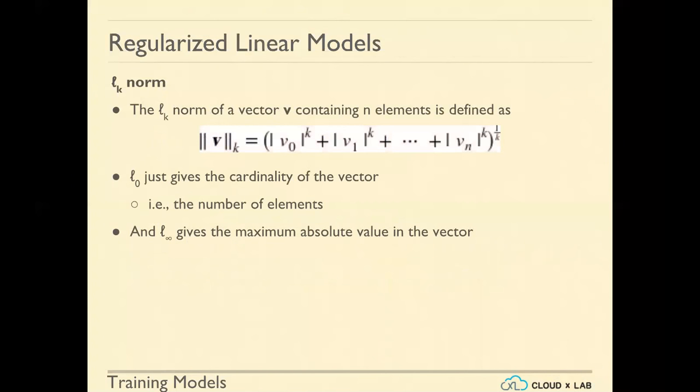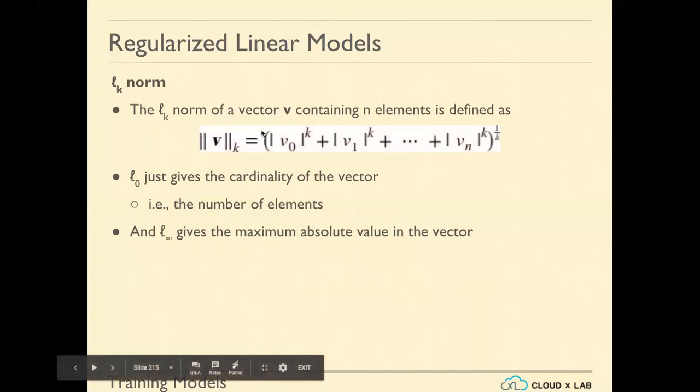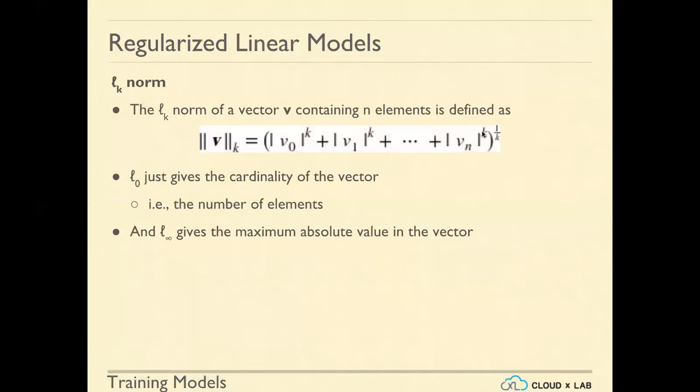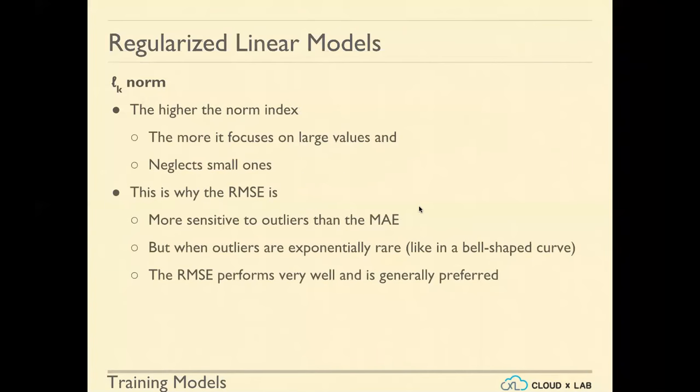When we say L3, L3 would be V naught absolute to the power 3 plus V1 absolute to the power 3, and so on, and then to the power 1 by 3. So that's what K refers to. K is basically a generalization of the same idea.